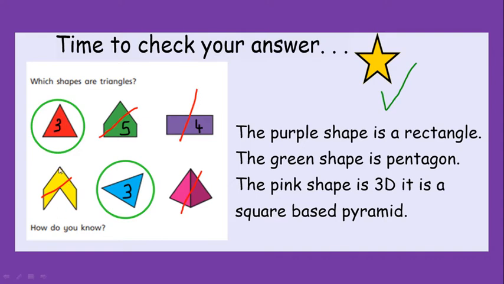Now this shape I'm pretty sure is called a chevron, which is almost a posh word for an arrow, but I would need to double check that that is the correct mathematical language to use. But if I was to describe this, I would say it's a chevron shape or an arrow shape. Okay, so well done if you knew there were only 2 triangles.